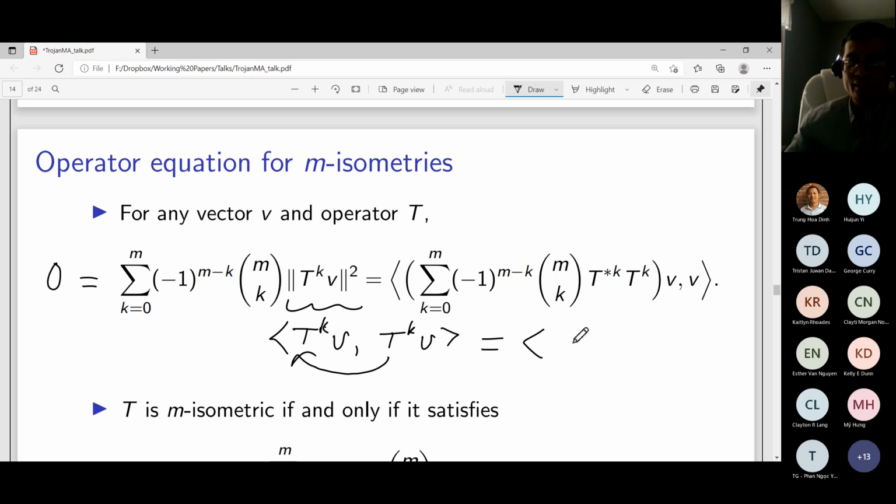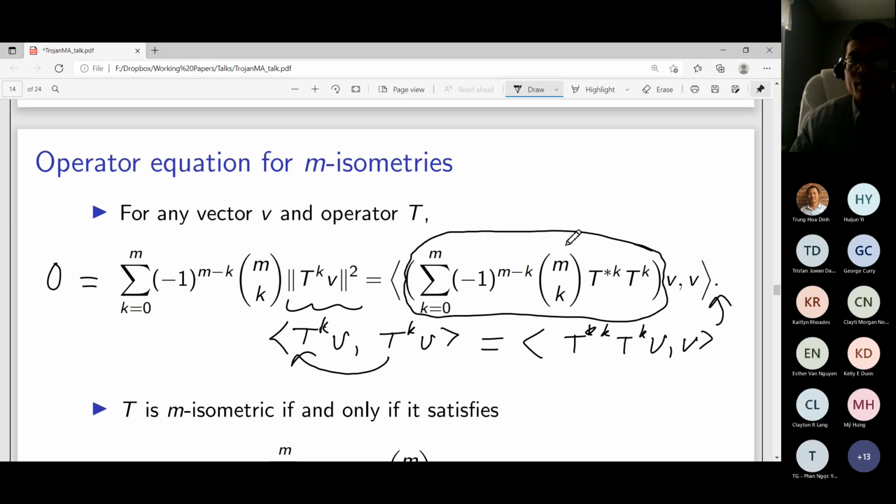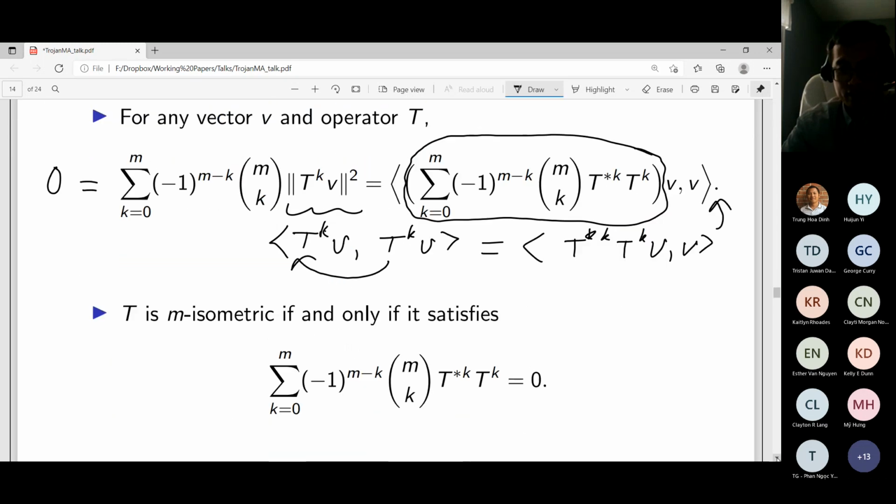So that is T star, the conjugate transpose, and then T^k v, v, and that's what we have here. Because this identity must be true for all v, this operator here, the combination of several powers of T and T star, must be 0.